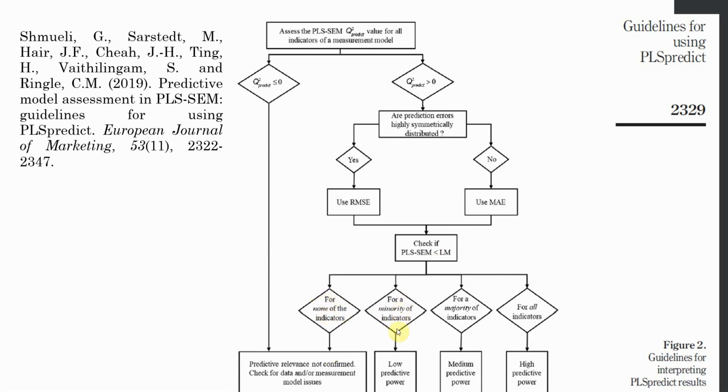For a minority of the indicators, then low predictive power. If most of the RMSE values for PLS-SEM are higher in comparison to the LM benchmark, then you've got low predictive power. Medium for a majority of indicators, and if all of the indicators in PLS-SEM have RMSE values less than the naive LM benchmark, then you've got high predictive power.